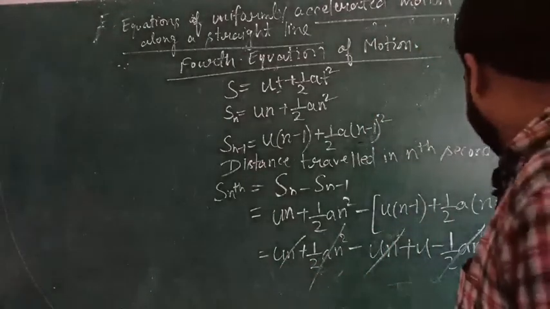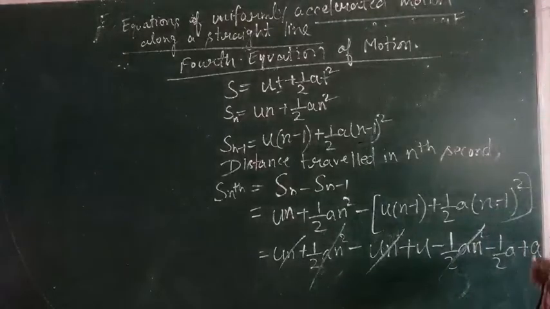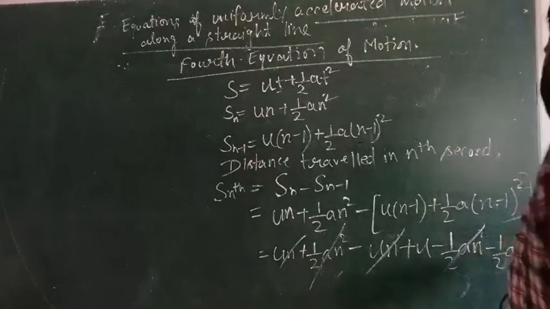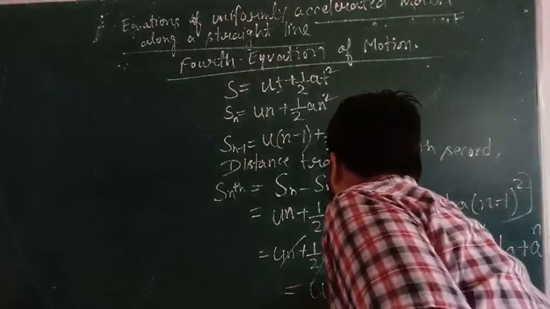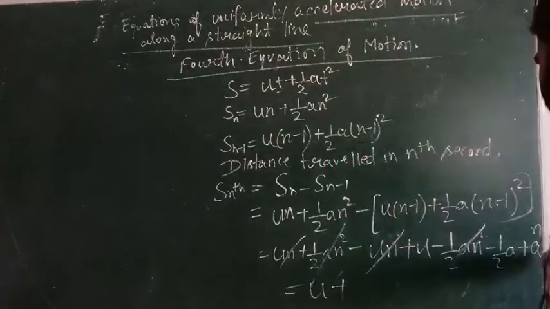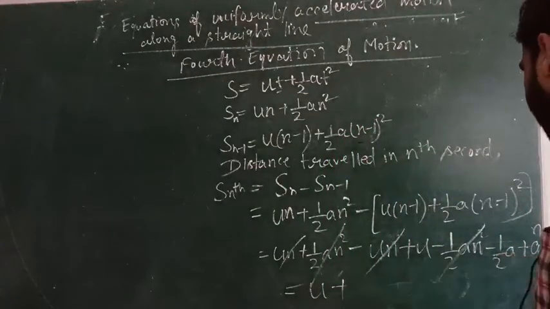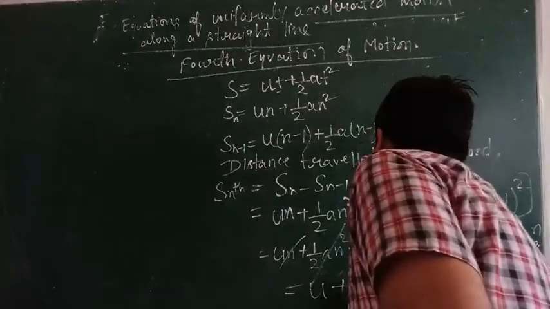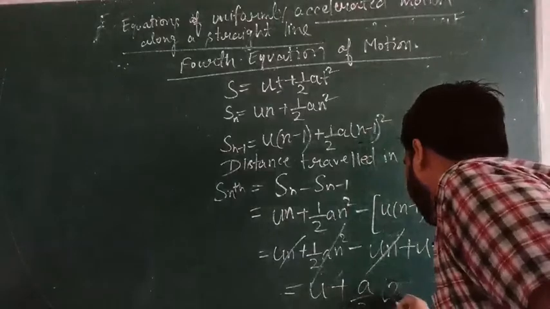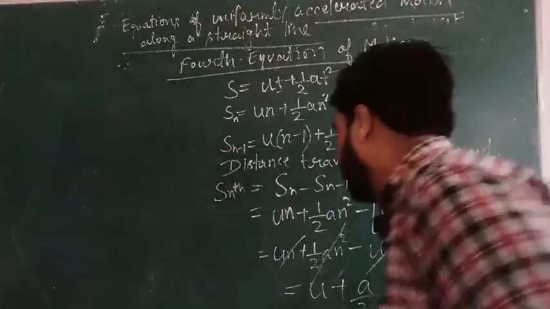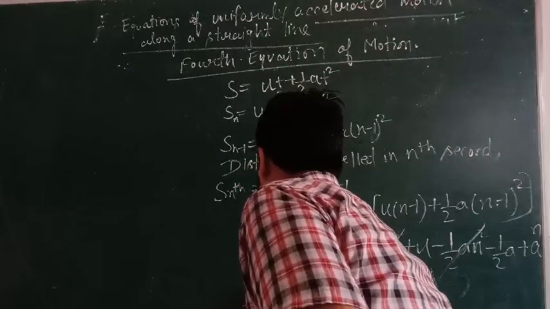The remaining terms are a and n as well, 2an. So an will remain. Now the remaining term is u plus, between these two, which term can we take common? A upon 2 we can take common, and the remaining one will be 2n minus 1. So this is S nth.